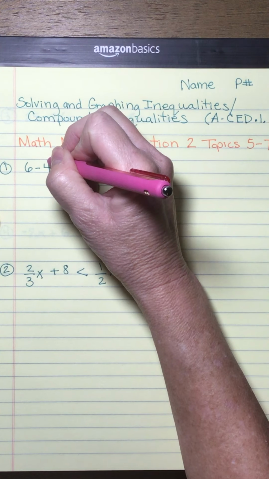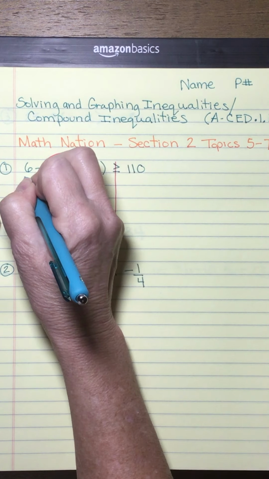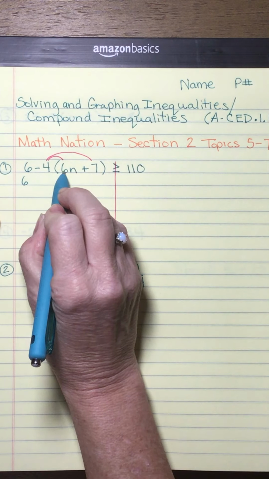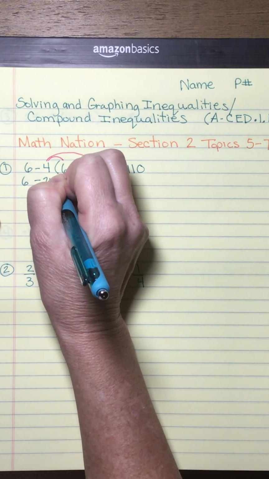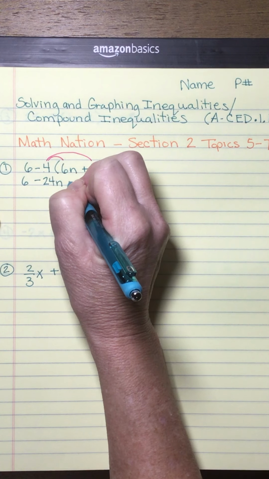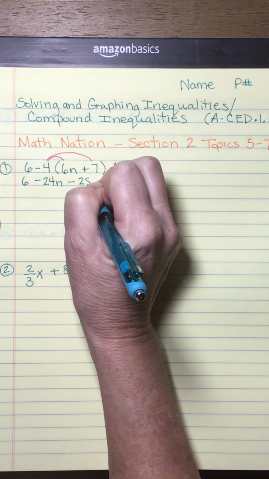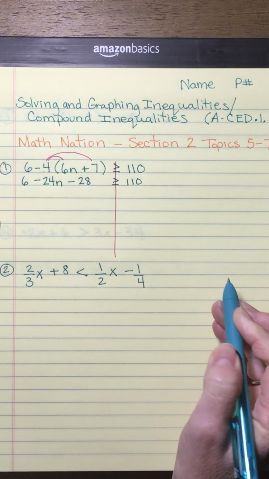So I'm going to go ahead and distribute the -4 out, which means I'm going to just drop down the 6, and -4 times 6 is -24n, and -4 times 7 is -28, and that's going to be greater than or equal to 110.